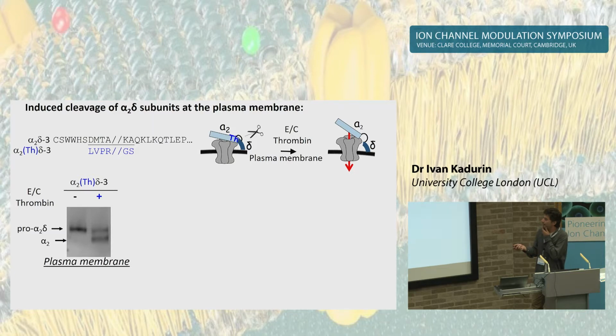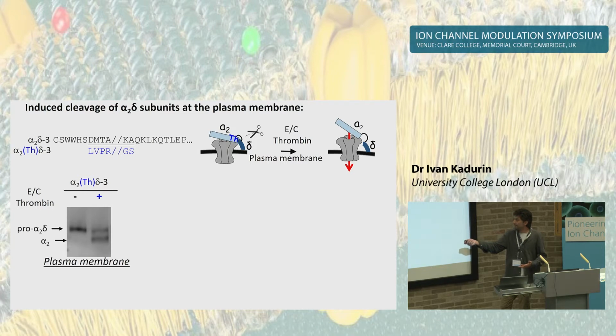So then I tested if this treatment with thrombin in cell culture will induce cleavage, and it did. So the alpha-2 delta with the thrombin site, non-treated and treated for 1 hour with thrombin.